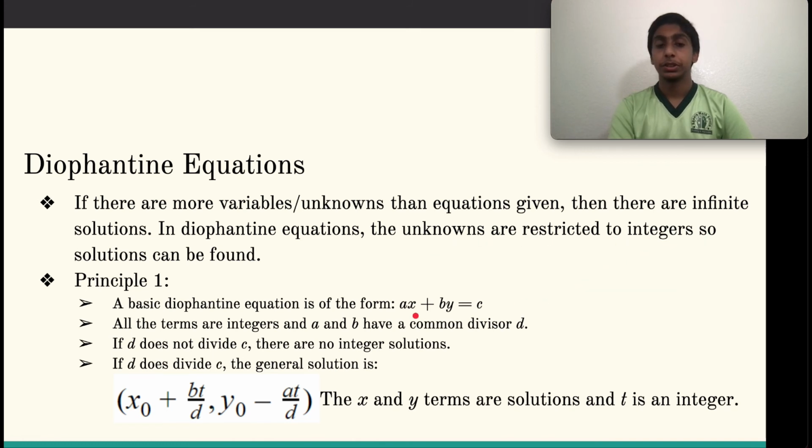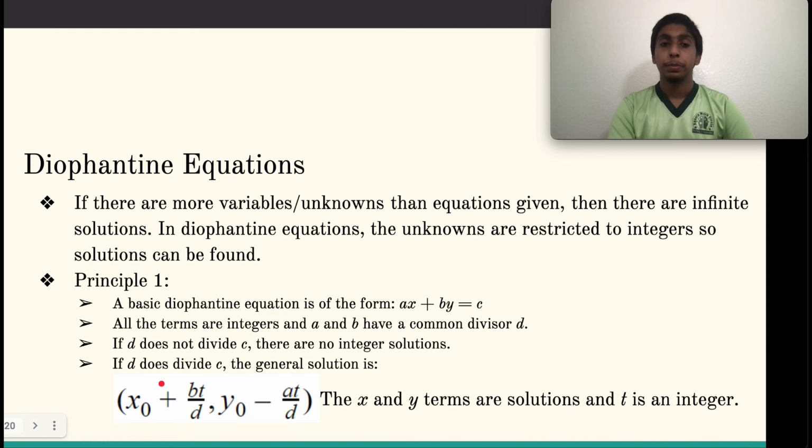we want finite solutions. If d does divide c, then the general solution we have is: x0 here is going to be our first solution, and y0 here is our first solution, and then we're going to be adding b times t, where t is an integer, over d. And our second y term here is going to be the first y solution minus a times t over d.